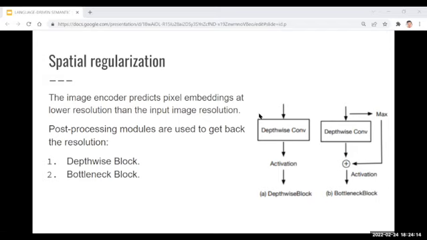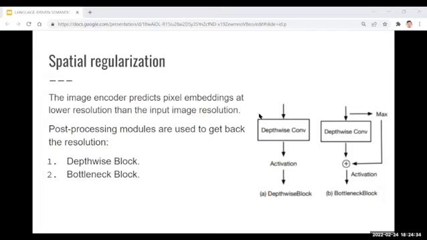This is shown in the picture, right? Essentially, depth-wise convolution is followed by a non-linear activation. In this diagram on the left side, you can see a depth-wise convolution followed by a non-linear activation.